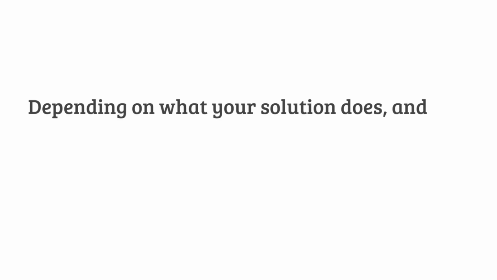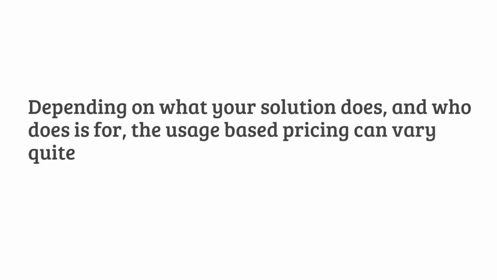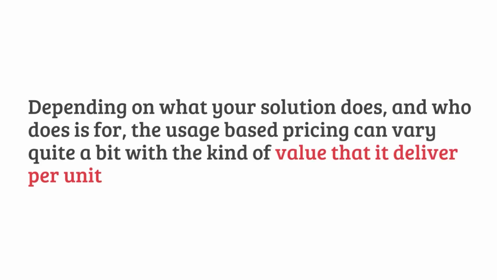If you charge $500,000, you'll sell to one customer only, because the one where it's worth $1 will just not buy. And the one where you sold it for $500,000 will have gotten a really good deal. So you are priced wrong if you do an average. This illustrates that, depending on what your solution does and who it does it for, usage-based pricing can vary quite a bit with the value it delivers per unit of usage.